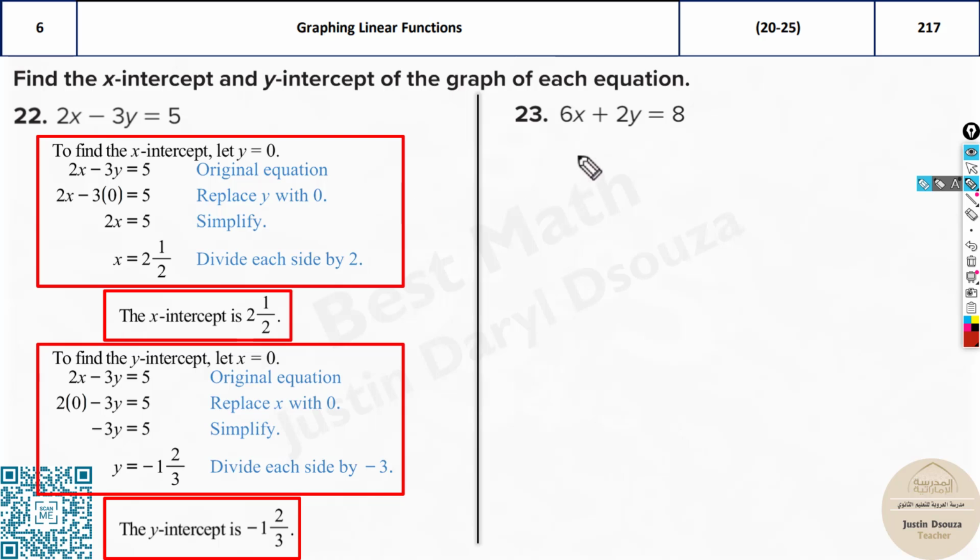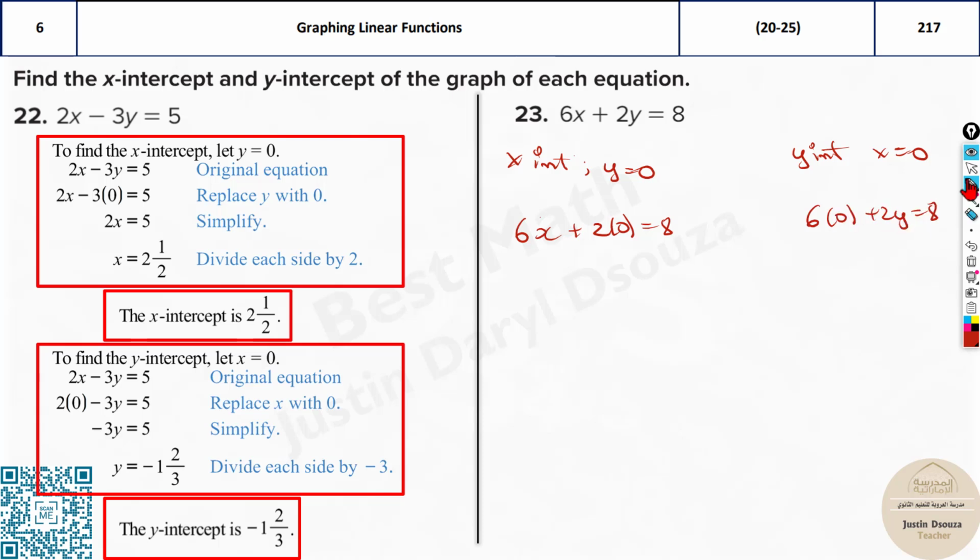Here as well, for the x-intercept, y equals 0. So 6x plus 2 times 0 equals 8. That's the first equation. And for the y-intercept, x is 0, so 6 times 0 plus 2y equals 8. Now you just put it in the calculator and solve.